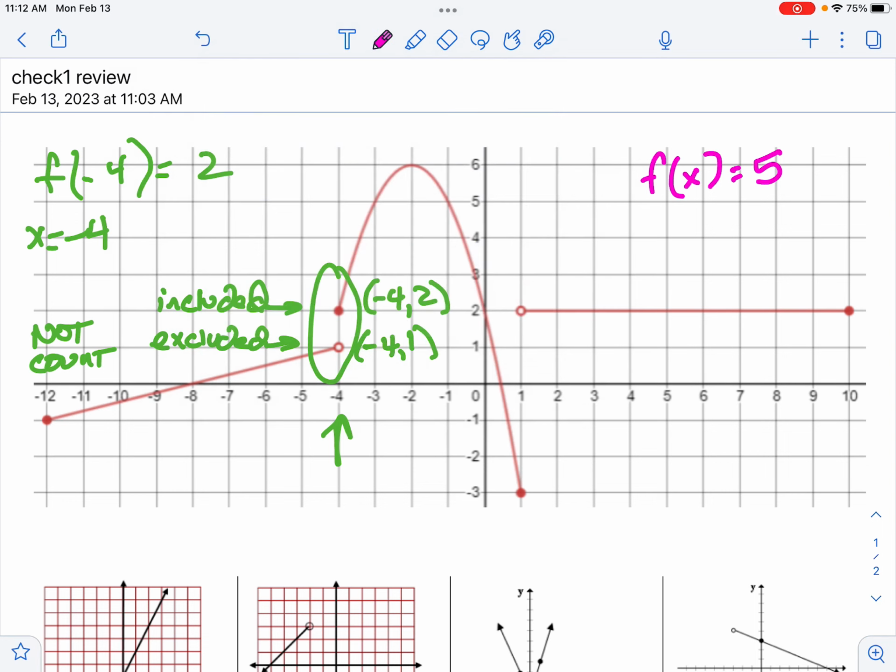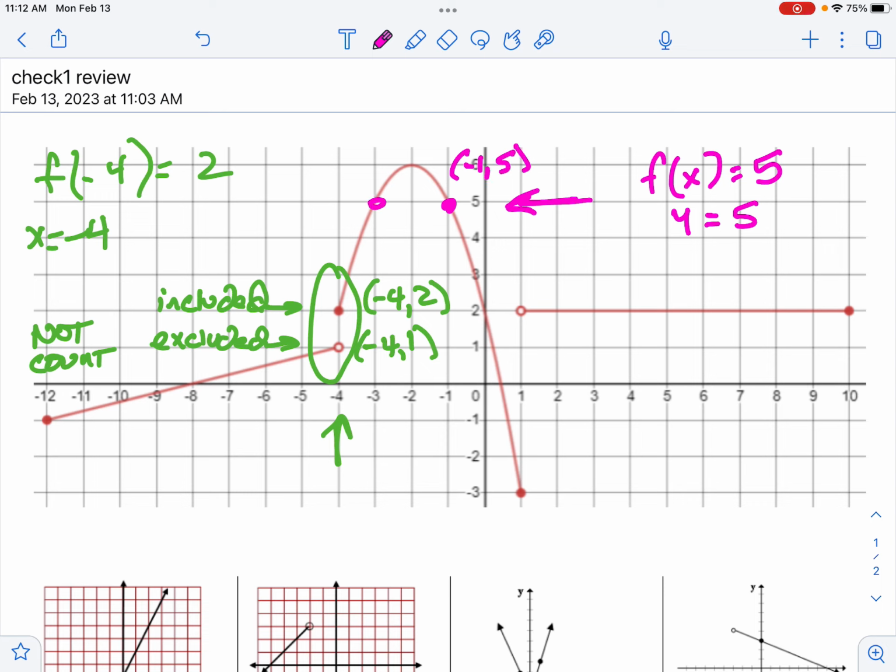On the flip side of that is f of x is equal to 5. We are looking at a y value here. So this is a scenario where we're talking about y is equal to 5. So I'm going to go look at this location right here. Some people just have this point right here. They just answered -1.